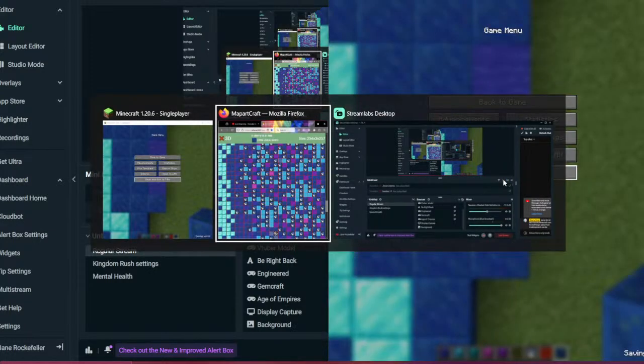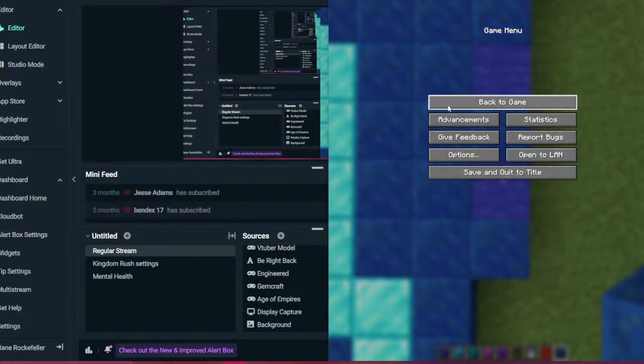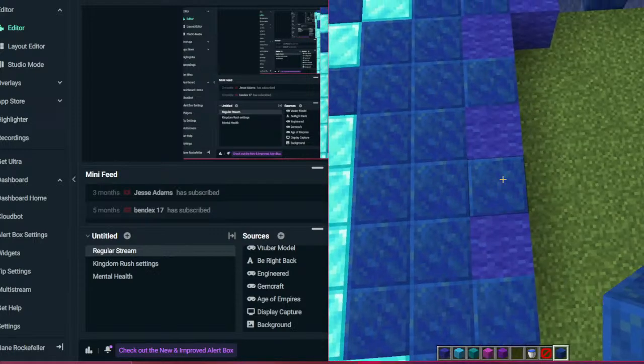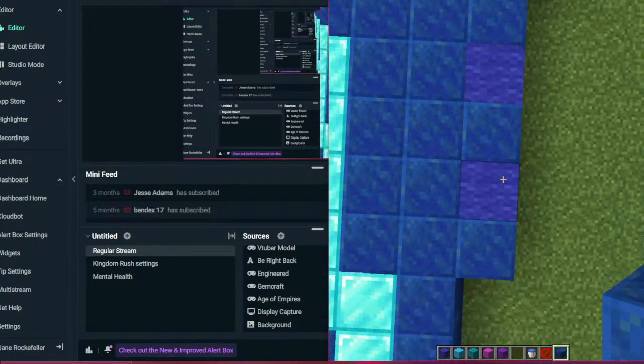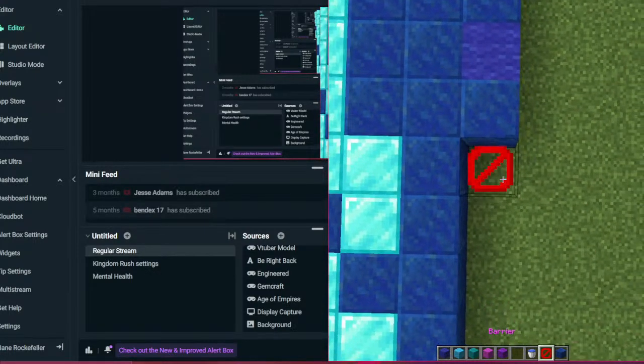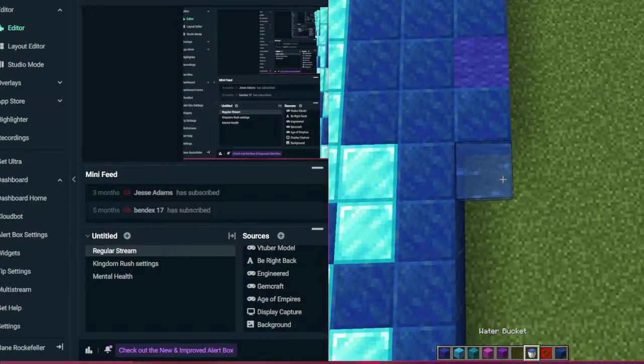Yes, this is the most difficult way to do this, but I refuse to not do anything today. So there's 1, 2, 3 lapis in a row, and then water, and then wool. 1, 2, 3 lapis, and then water, which gets the barrier block so that doesn't flood everywhere.